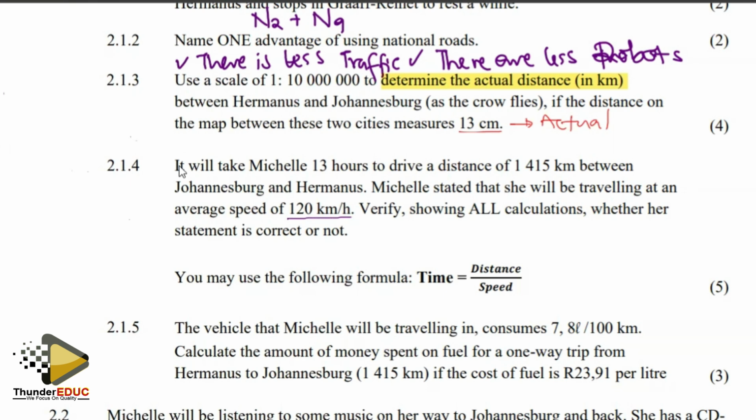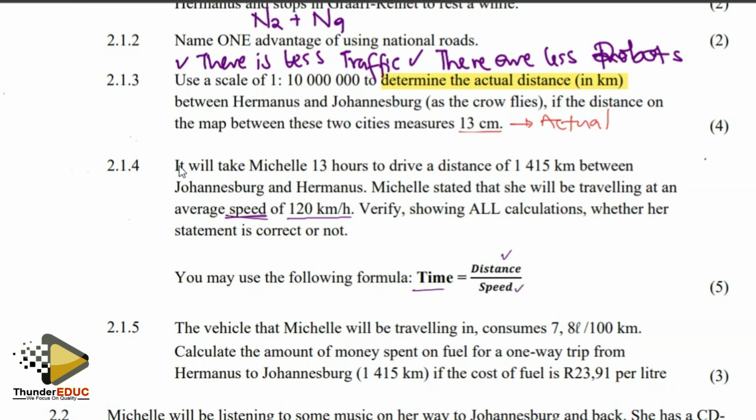What are we verifying? We are verifying speed. So we need to find out at how much speed she will be traveling. First, look at the formula given to us: time equals distance over speed.